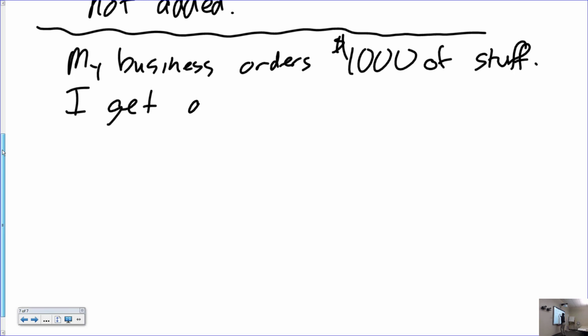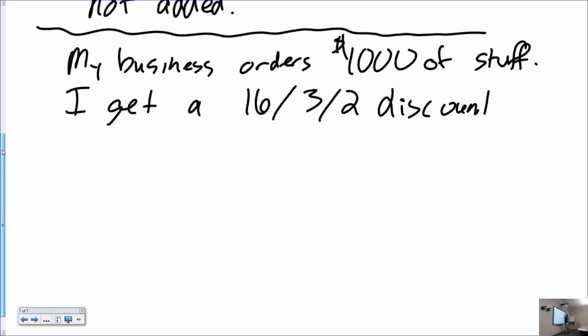I get a 16/3/2 discount. This is how they indicate you have additional chained discounts on top of your normal trade discount, okay?